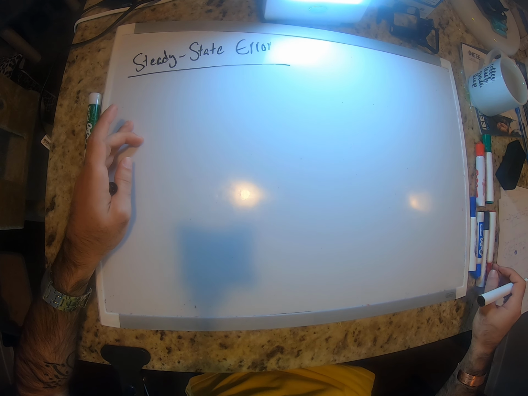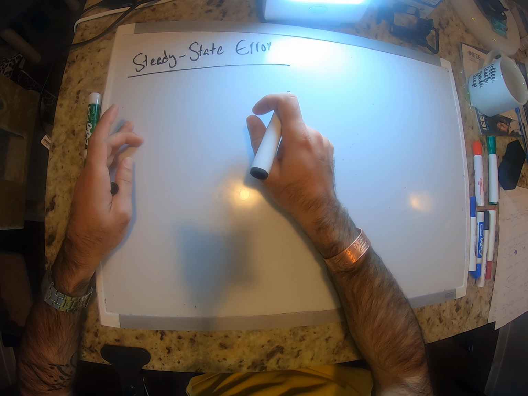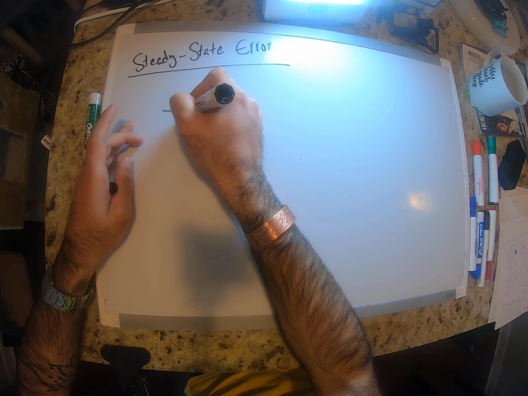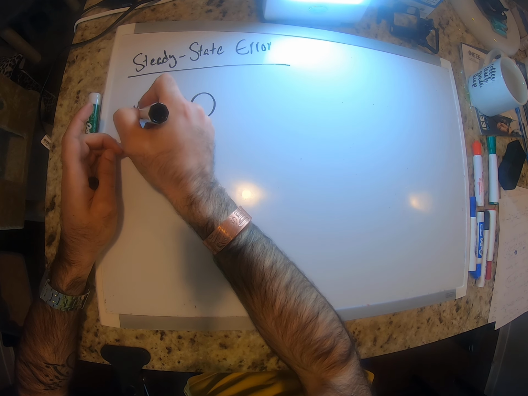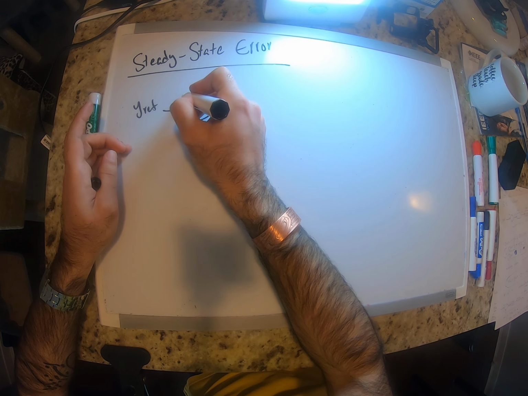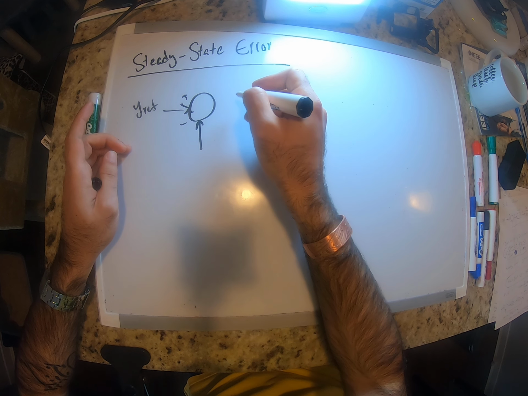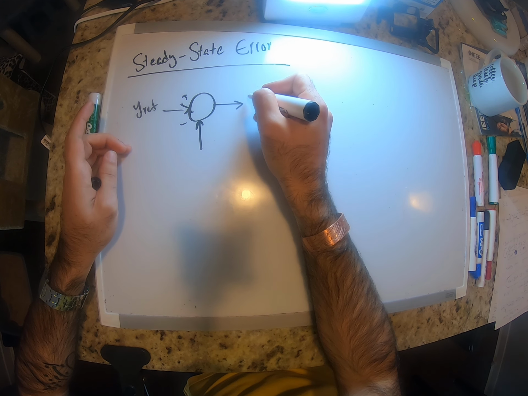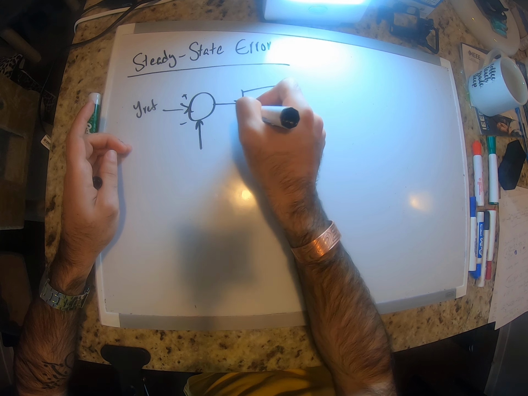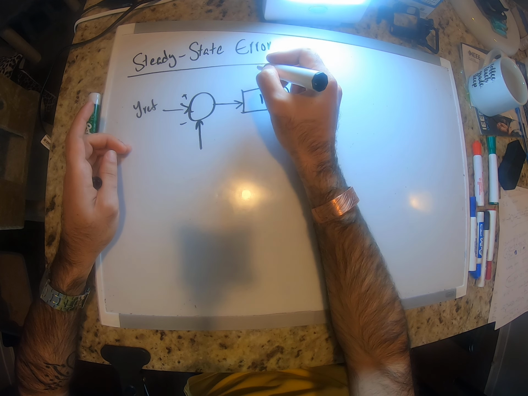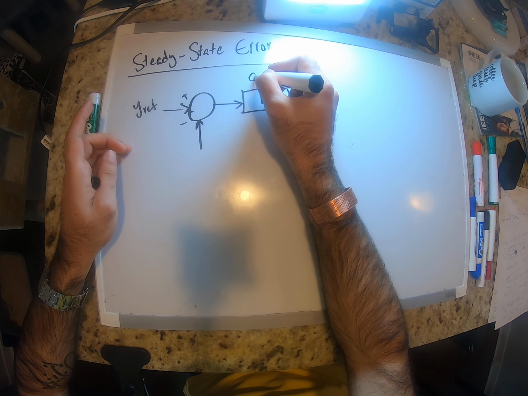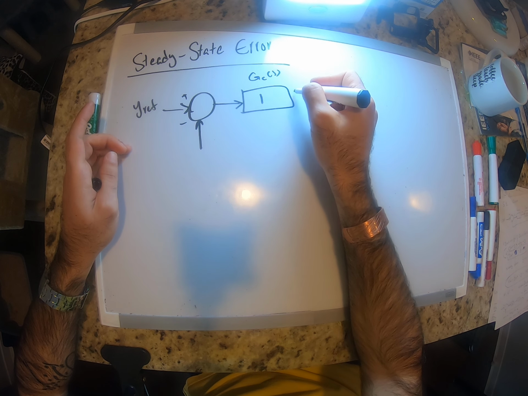Okay, I'm going to use one example to show this. Let's say this is Y reference. This is positive, negative. Let's say we just have a proportional controller with the gain of 1, right? So basically it doesn't do anything.